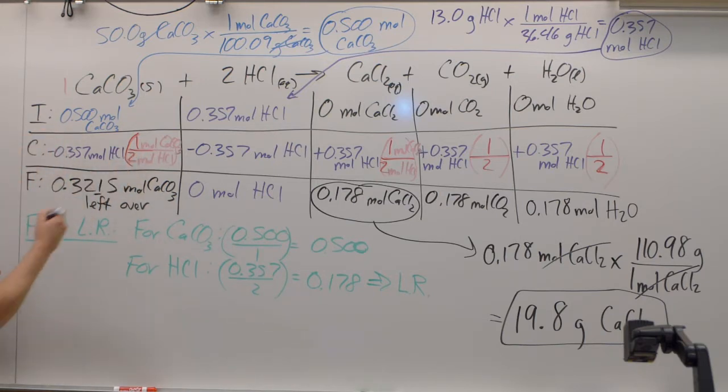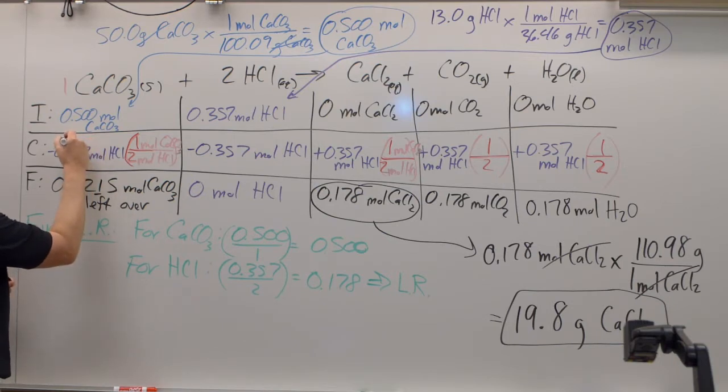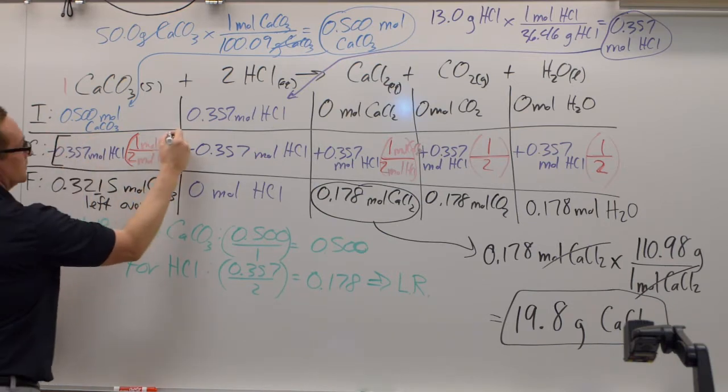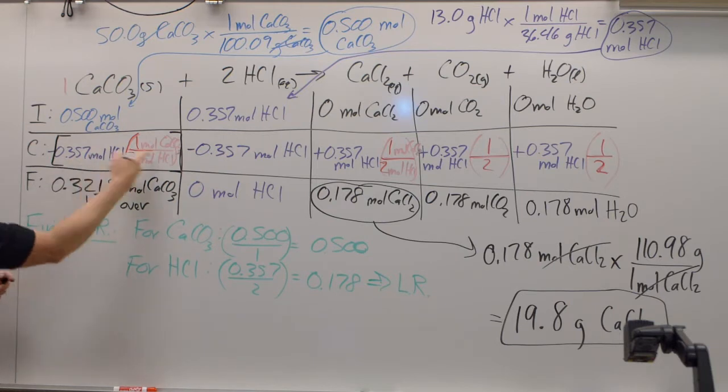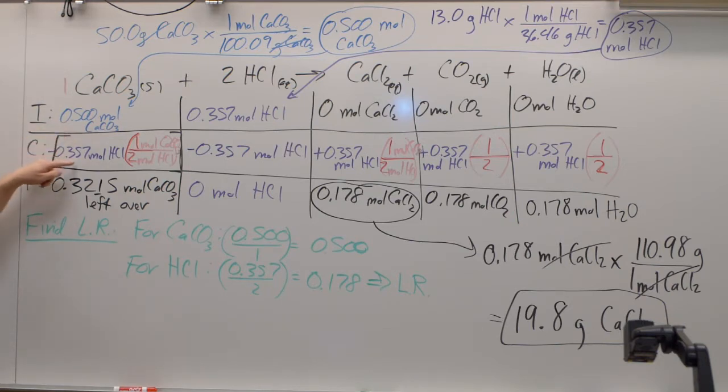So you're taking this entire bracketed quantity and you have to subtract that from the initial. Some people will take 0.5 minus 0.357 and then times by half and they'll get the wrong answer. So just be aware that you got to take this whole quantity and subtract it from the initial moles.